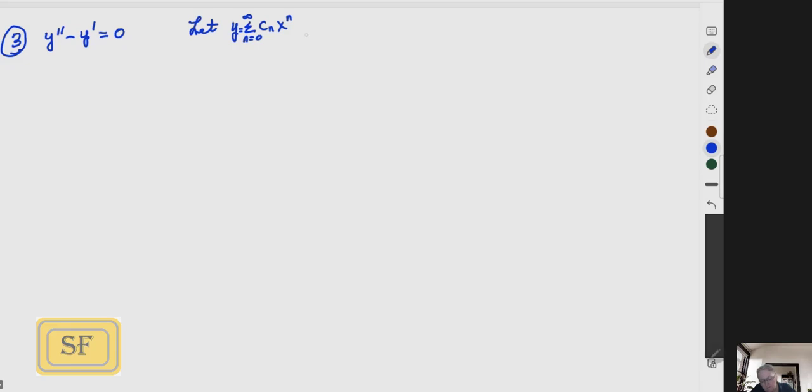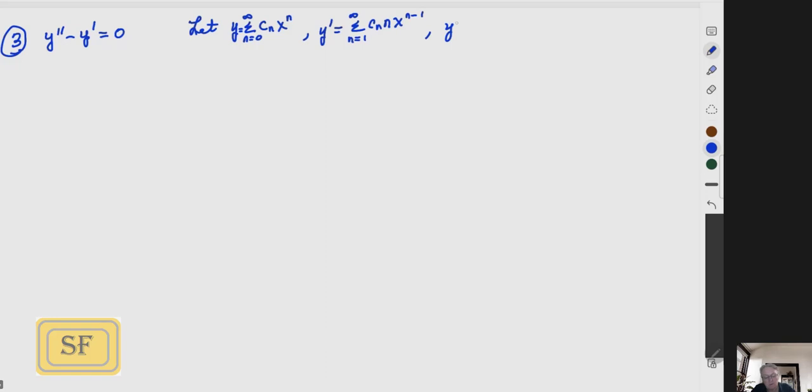And then when I substitute in for y prime, I'm going to use the sum n goes from 1 to infinity, c sub n times n, x to the n minus 1.